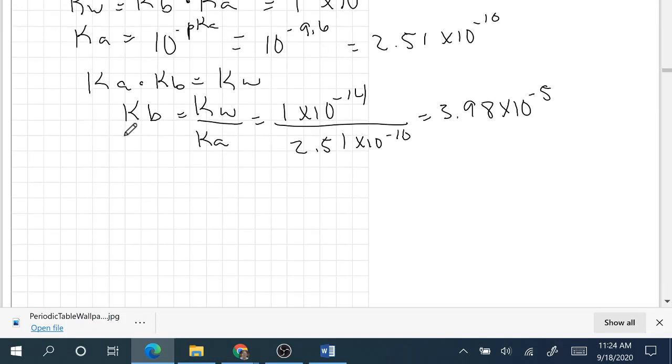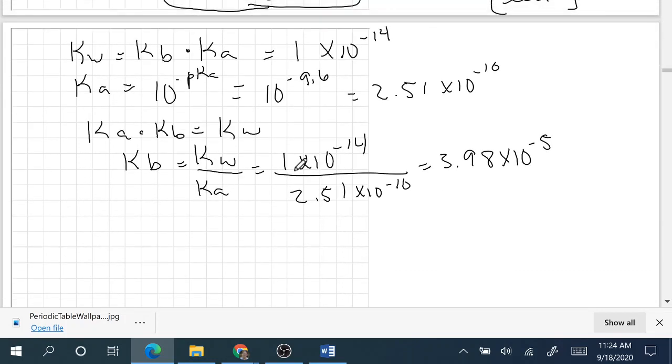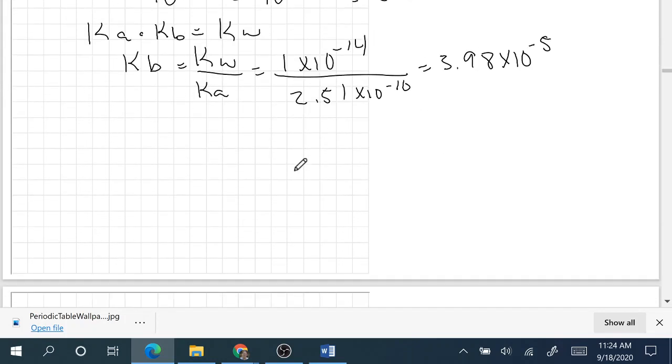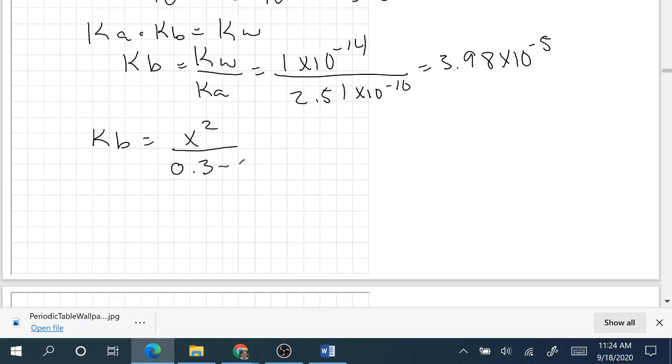Okay, so now we can use this right here to calculate our x. So remember what we just said, Kb is equal to x squared from our ICE table over 0.3 minus x. Okay, so if we assume that x is small, then x squared is equal to Kb times 0.3, so we're assuming x is small here.